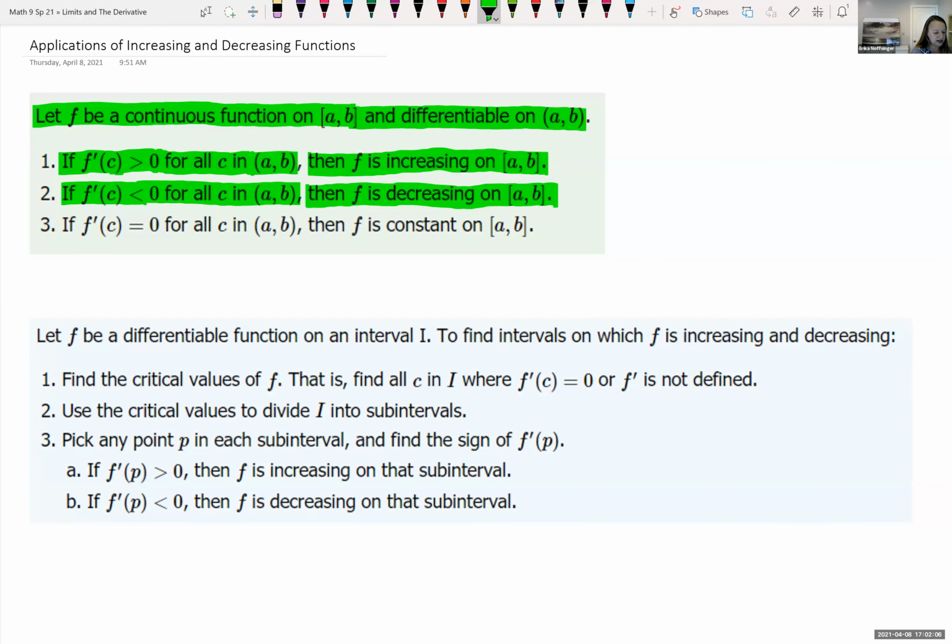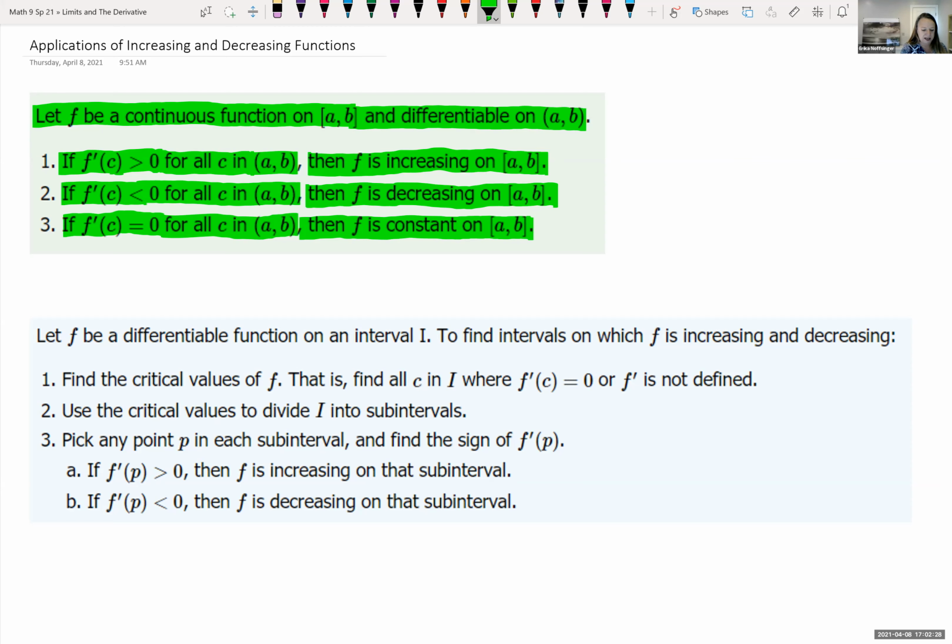And the last was if f prime of c, the derivative at c, was equal to 0 for all c in ab, then f was a constant. It was a horizontal line on that interval ab. That's what it meant to be increasing, decreasing, or constant on some interval for our function.